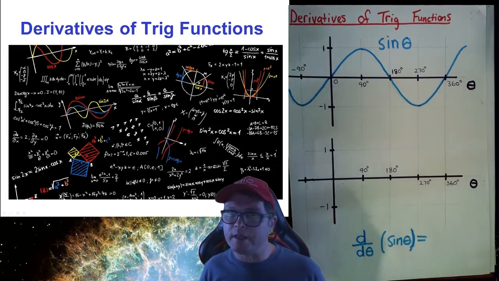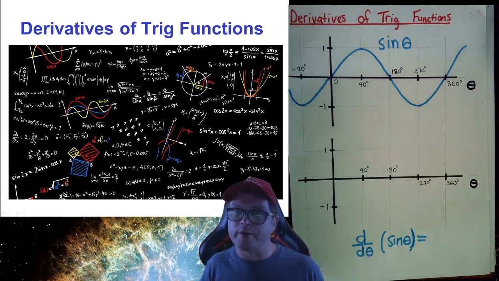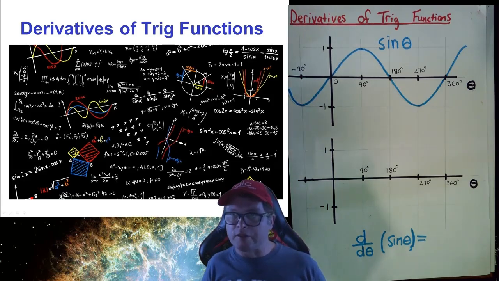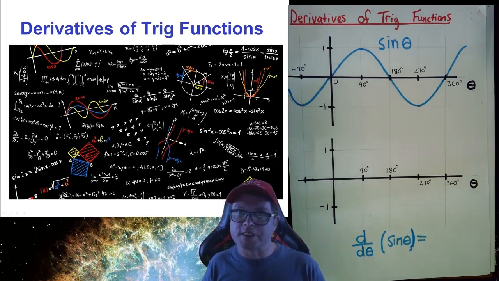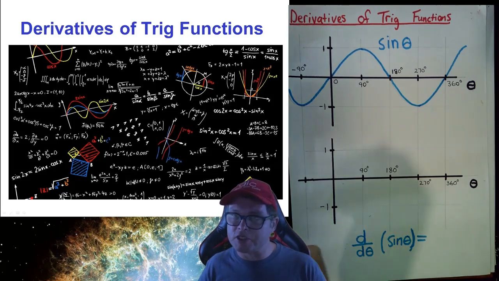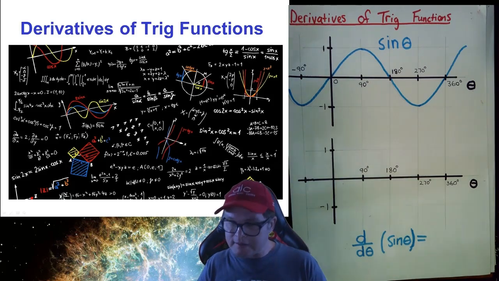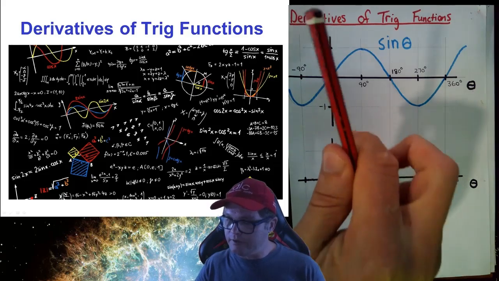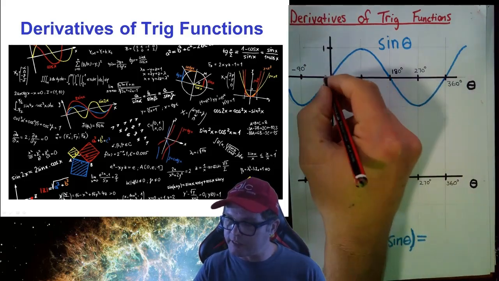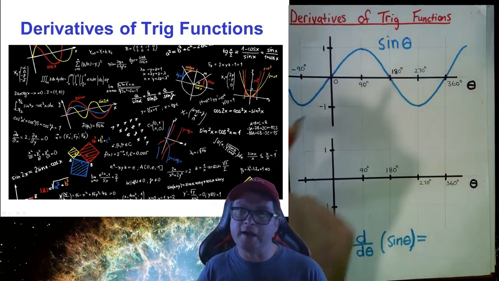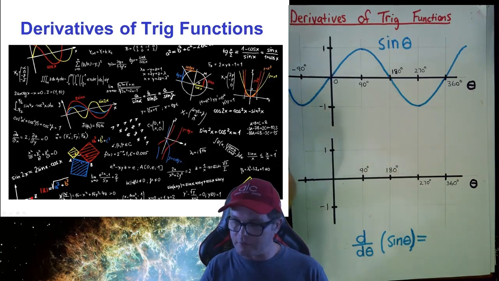Well, on an intuitive level we know that a derivative is a gradient at every point. And of course for our function sine of theta, the gradient is going to be changing. If we take a look at theta equals 0, this point here, what is the gradient at that point?